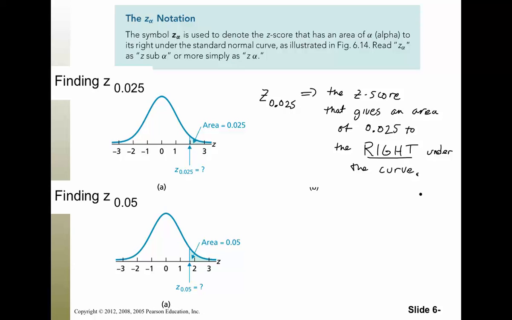So this is starting with an area and trying to figure out what the z-score is, right? So this is an unknown z-score for a given area of 0.025, but it's not the area to the left, it's the area to the right.